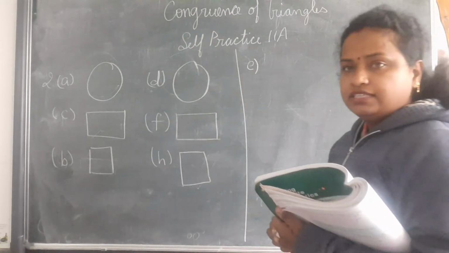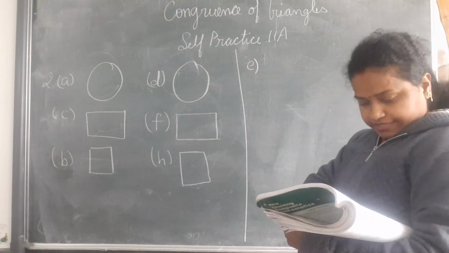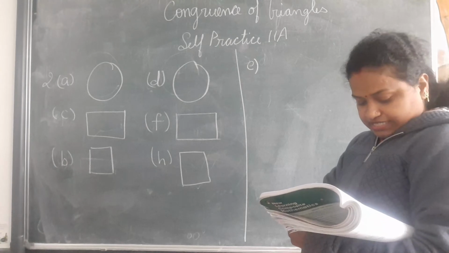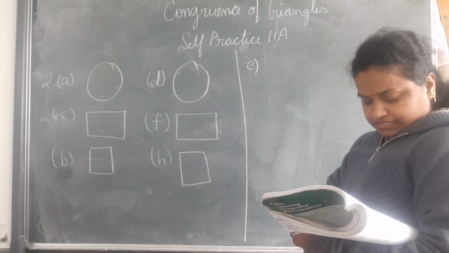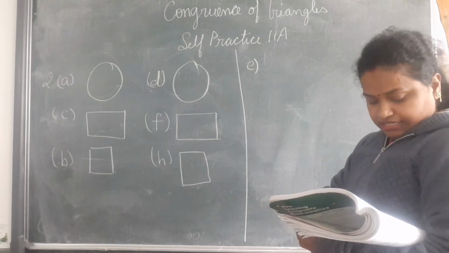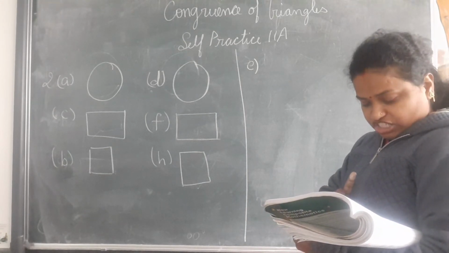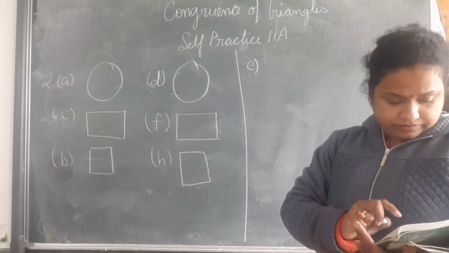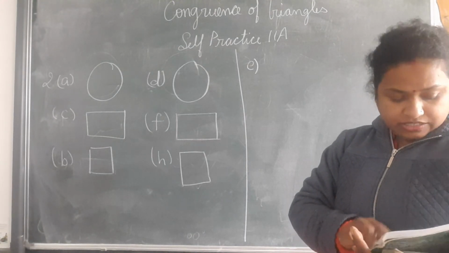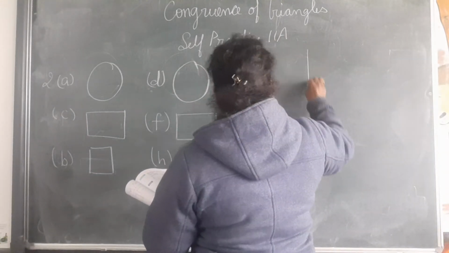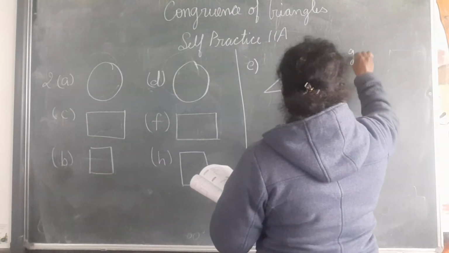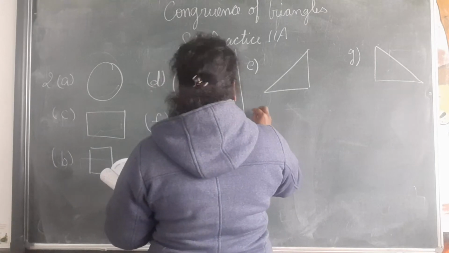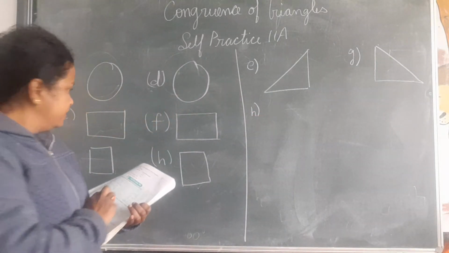E1 is congruent to E. E is congruent to G. Now E, F, G. H1 is already written, I think.